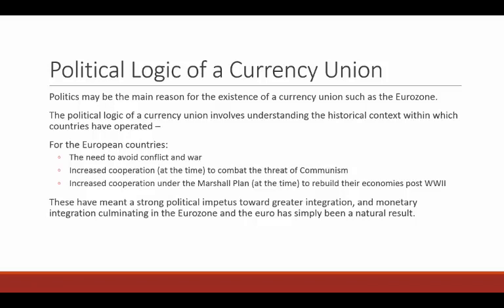In thinking then why countries somewhat aware of these glaring limitations still proceeded to form the euro, we turn now to ask what the political logic might have been. The politics in this case has roots in history.